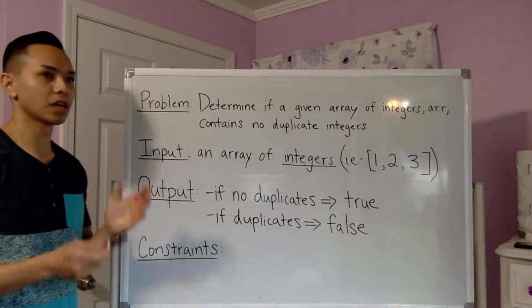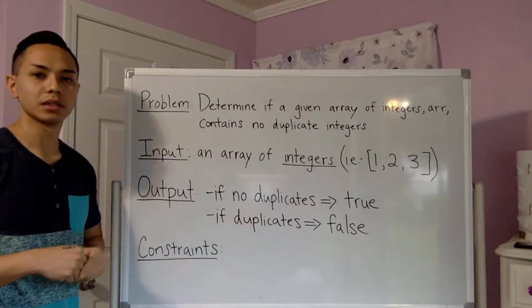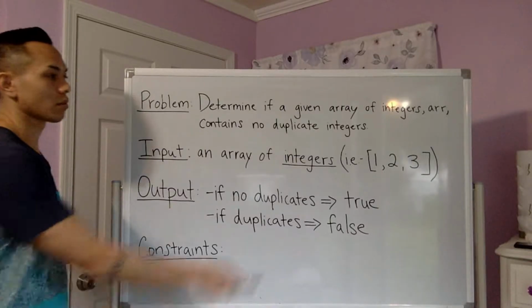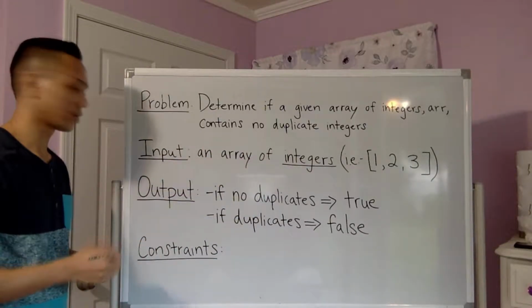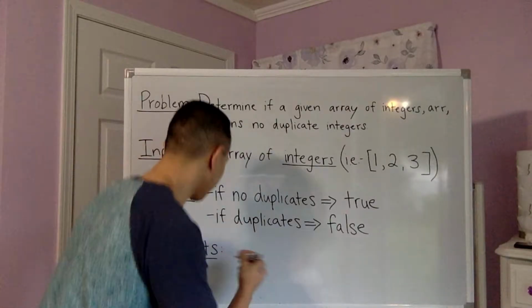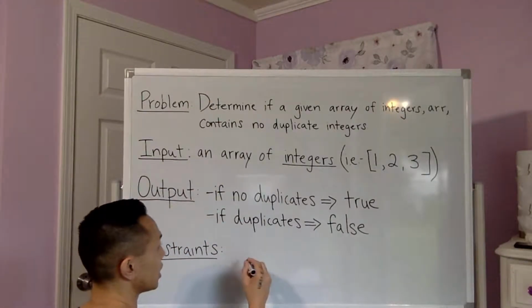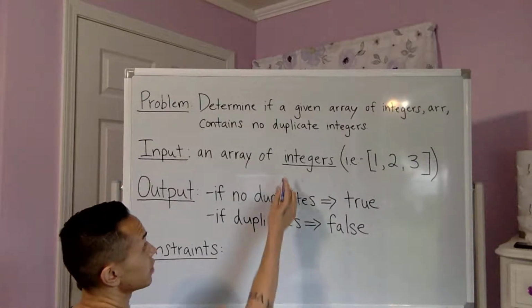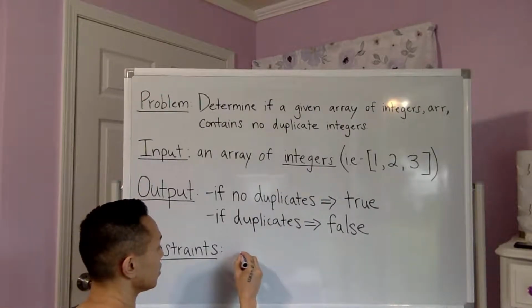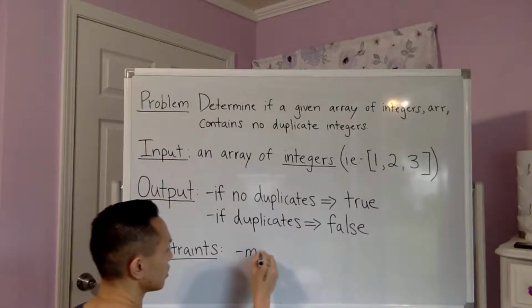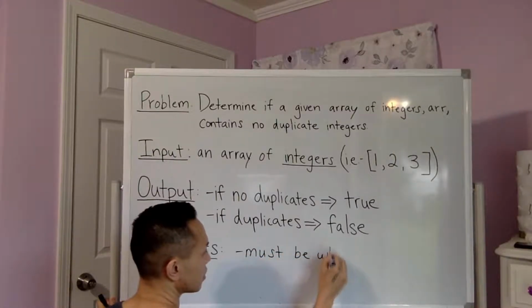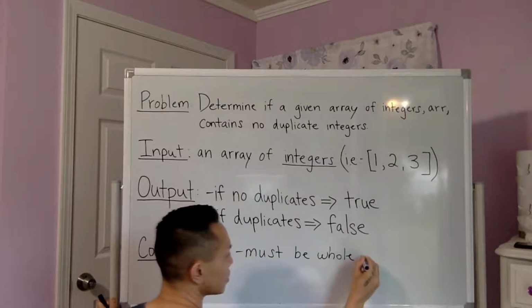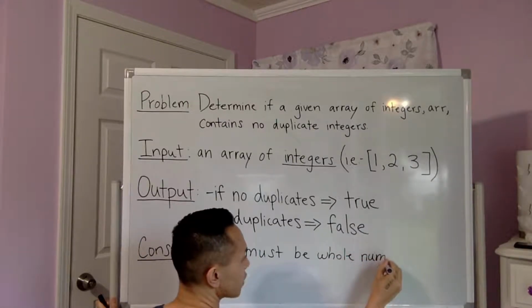There were no upper or lower limits for items or numbers that could be inside of the array. So I'm just going to put here for constraints, we'll say, other than the fact that they need to be whole numbers, no fractions.